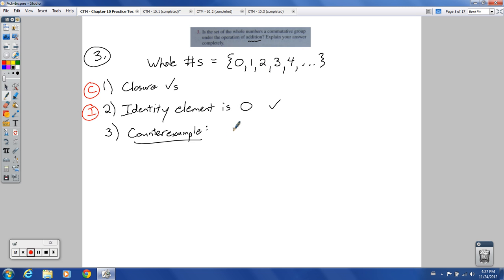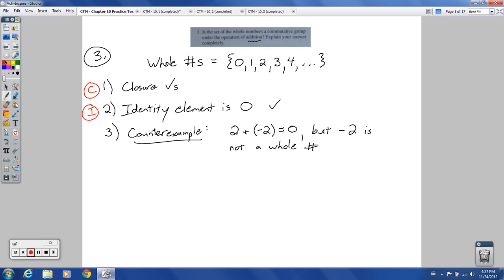So a counterexample: 2 plus negative 2 equals 0, but is negative 2 an element of the set of whole numbers? No. Negative 2 is not a whole number.